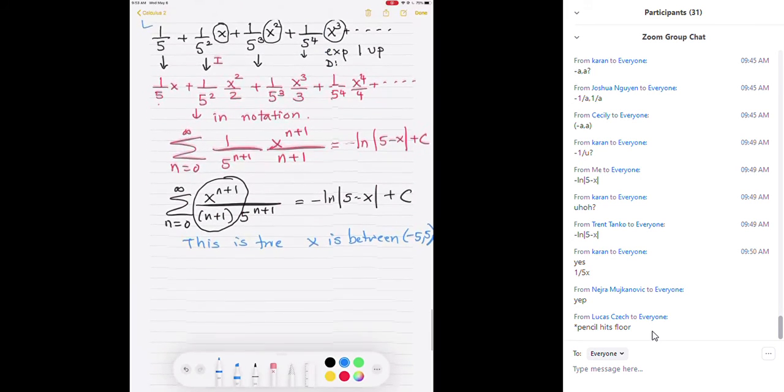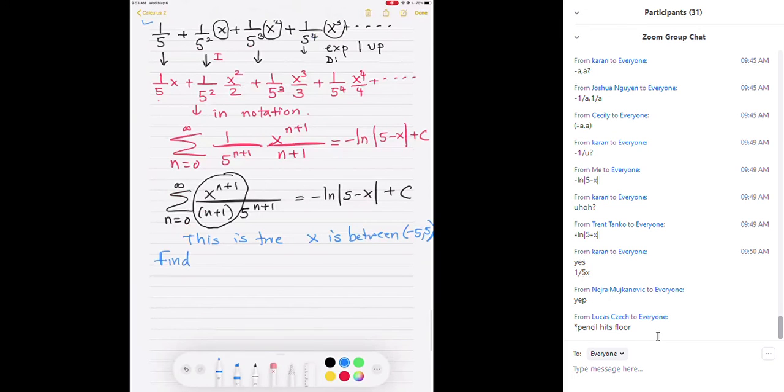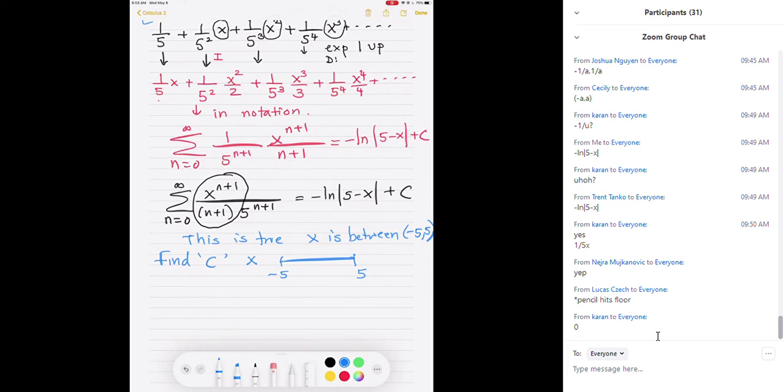So tell me, to find C, that constant of integration, what value of x between -5 and 5 should I use so that the x disappears and I can just find C? There we go, Karan. We will plug in x equals 0 on both sides.